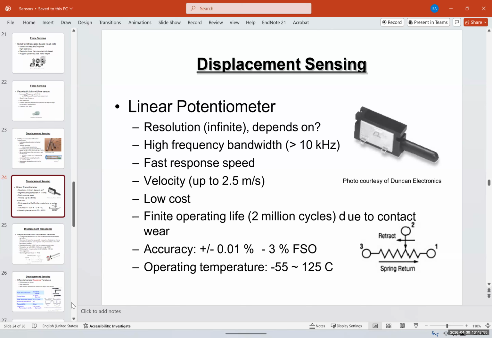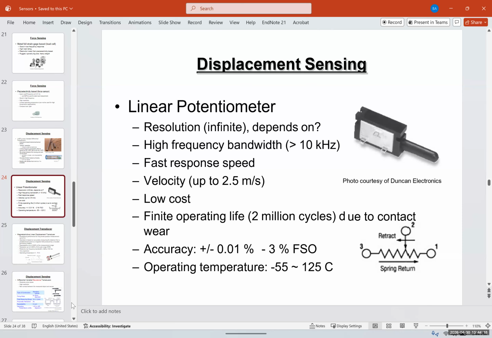They have fast response speed. The velocity is up to 2.5 meters per second. They are low cost, finite operating life, 2 million cycles, because it's going to wear down due to contact wear, as mentioned. Accuracy is about 0.0 to 3%. And the operating temperature is -55 to 125.